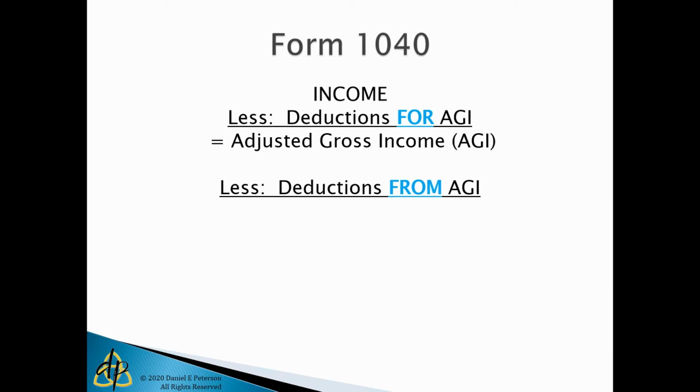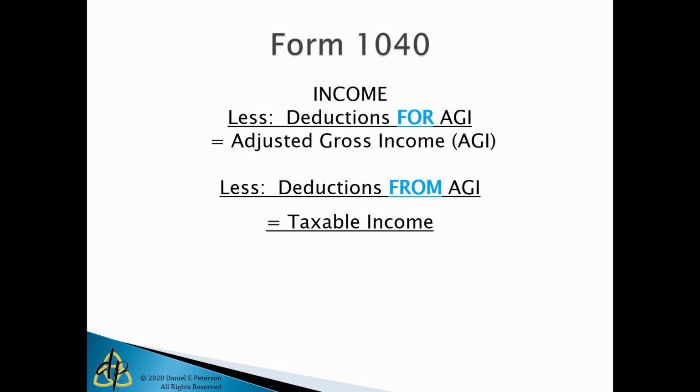If you have enough itemized deductions that exceed the standard deduction the government gives you, then you will itemize, and those itemized deductions reduce your adjusted gross income. By subtracting those items, either standard deduction or itemized deductions, from your adjusted gross income, you'll arrive at a number called taxable income. This is the number that generates your federal income tax.